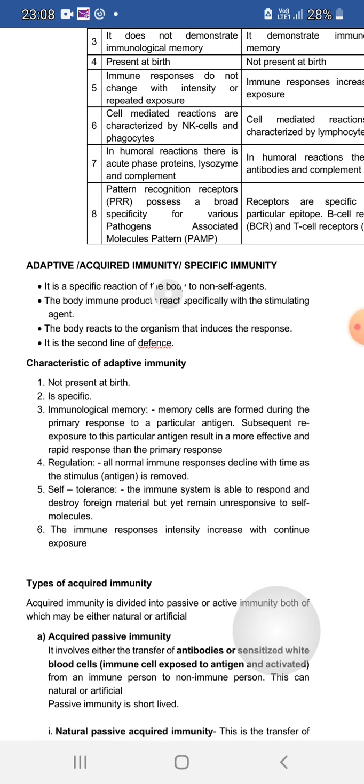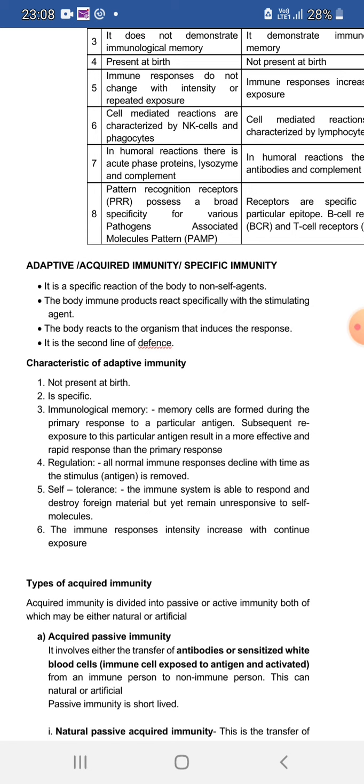So that is to remember what self and non-self are. The body immune response reacts specifically. So if a non-self is bacteria A and it gets in the body, the body produces chemicals specific to that bacteria A. Such chemicals could be antibodies.